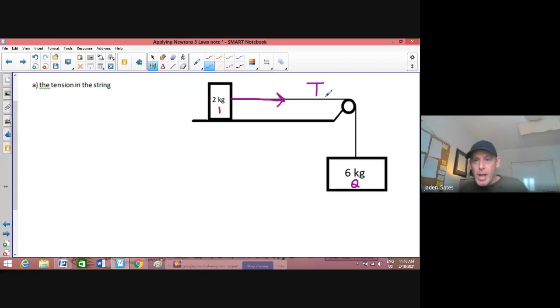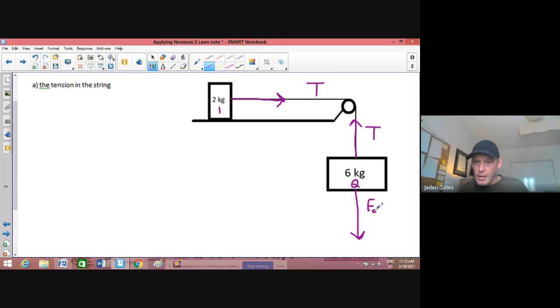Although the tension is pulling the 2 kilogram block to the right, the same string is going to be pulling up on the other block. Although it's not going to win, because something is pulling down on this block, which is our force of gravity.